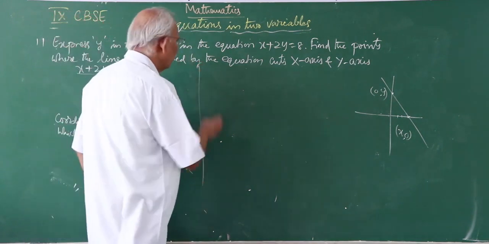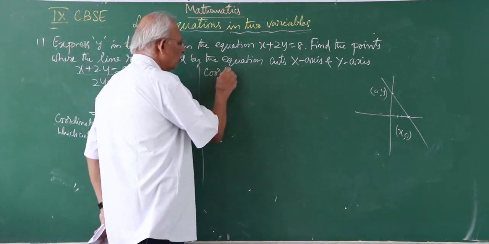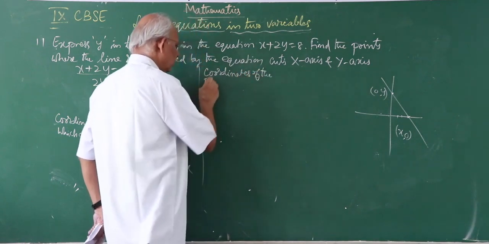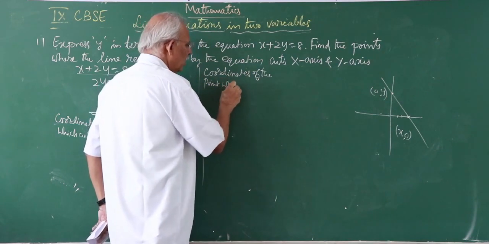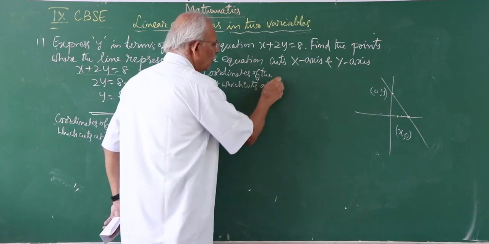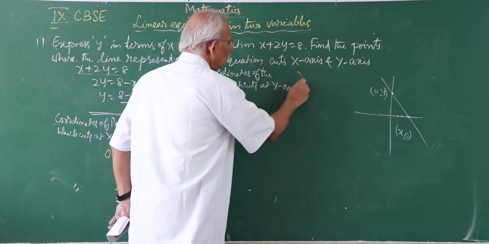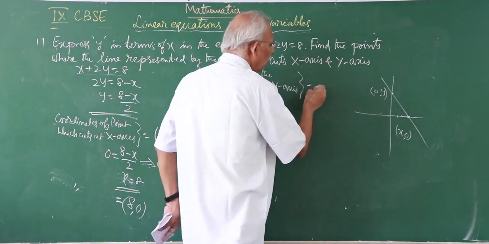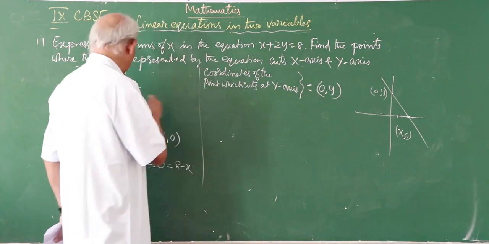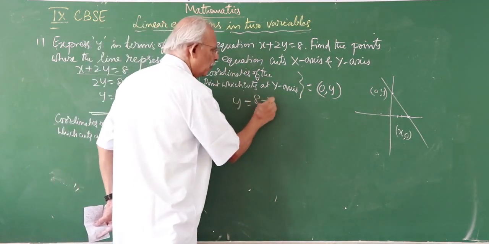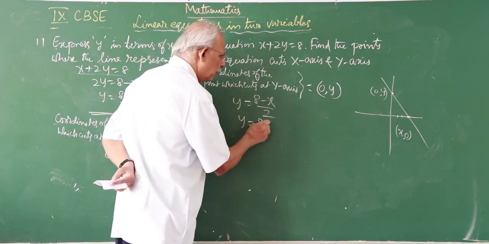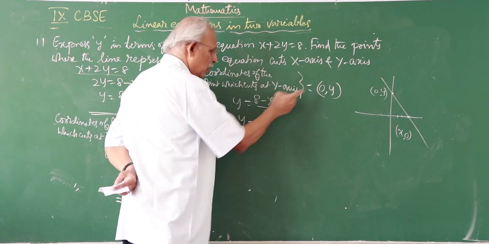Now look here, coordinates of the point which cuts at y-axis equals, now look here, 0 comma y. Now take this equation, y equals 8 minus x by 2. You are required to find y. In 8 minus x, x is 0.